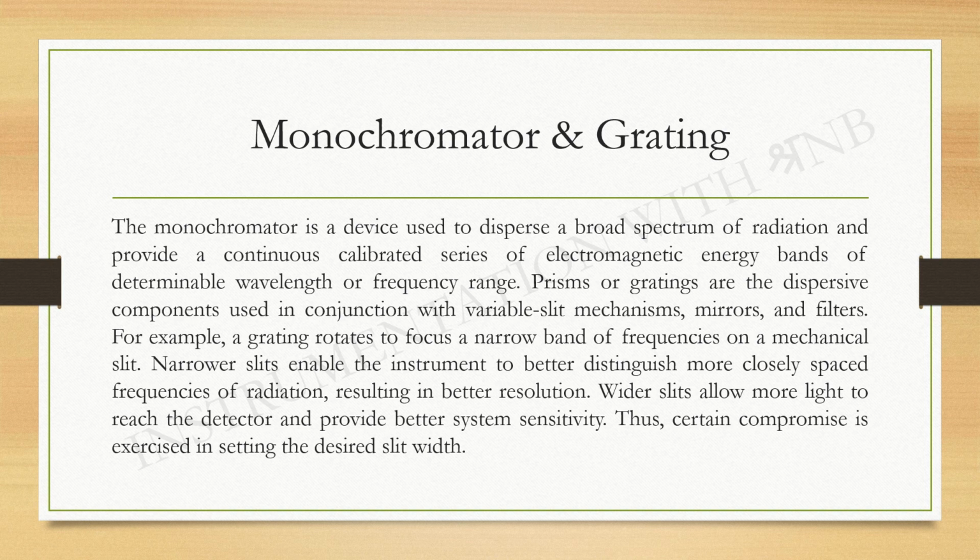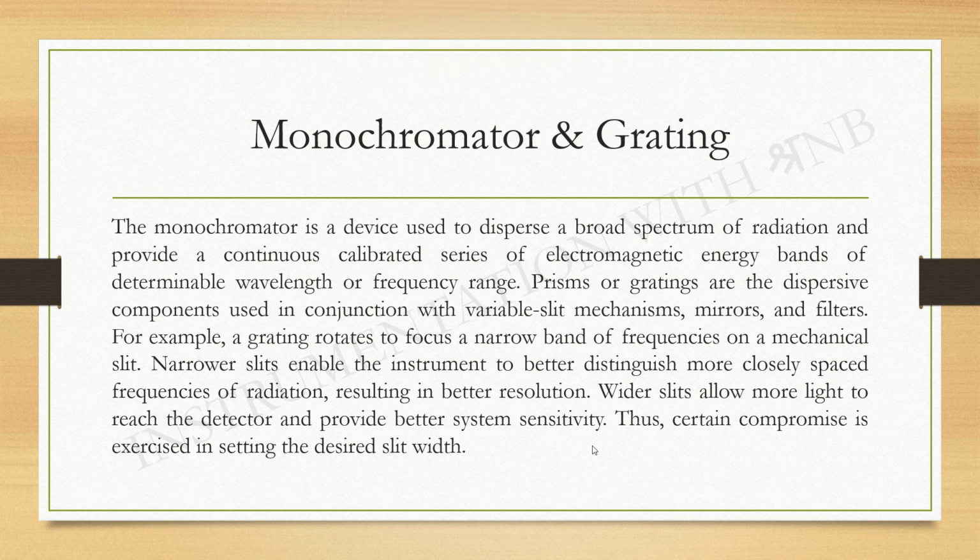Narrow slits can be useful to produce better resolution, but wider slits allow more radiation to reach the detector and enhance the sensitivity. So both cannot be possible. We have to compromise on either the resolution or the sensitivity.